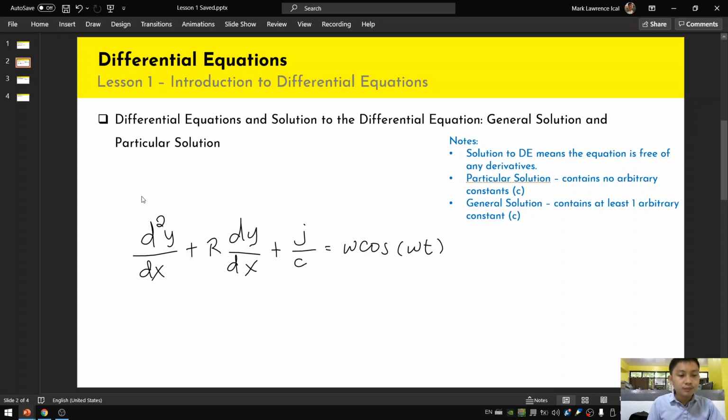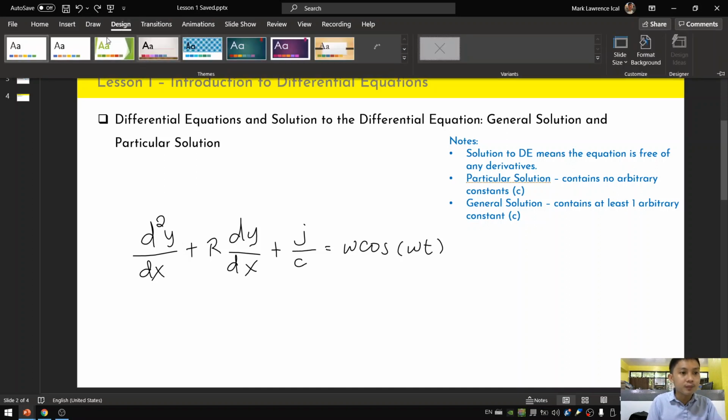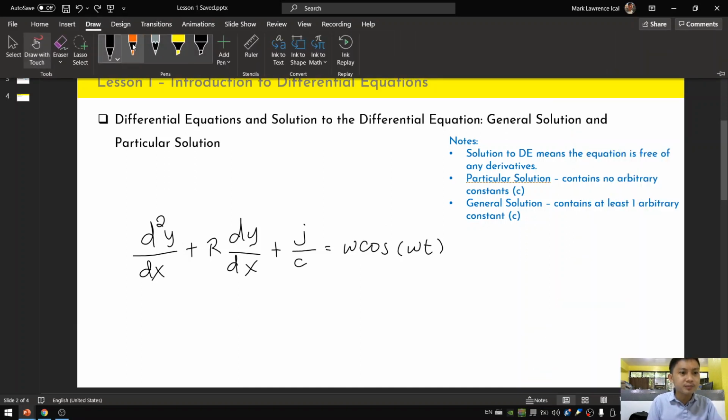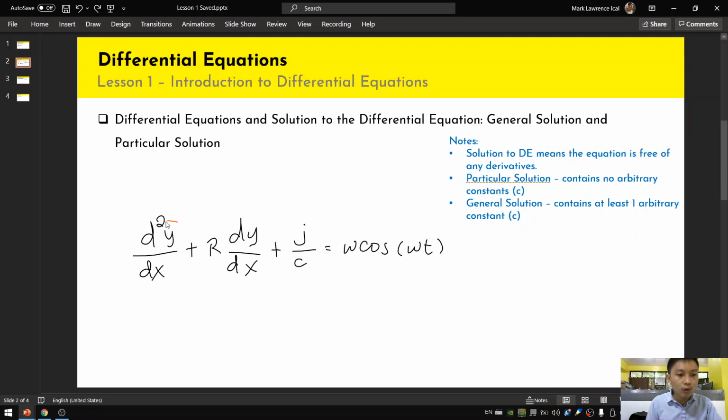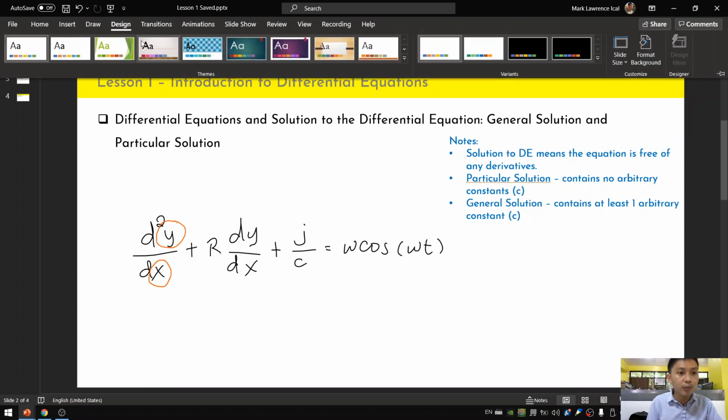So this is an example of a differential equation. Now, what are the parts of a differential equation? So we have three. So we have what we call the dependent variable, and we have the independent variable, and we have what we call parameters.